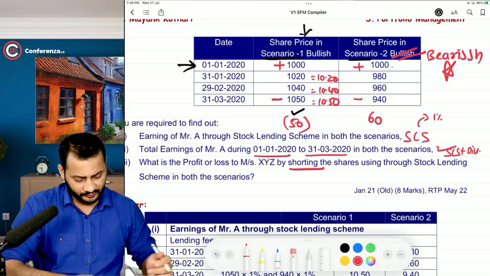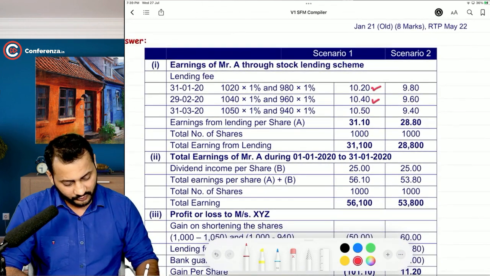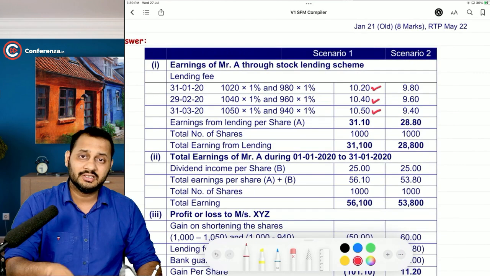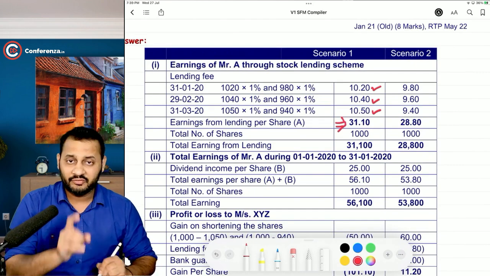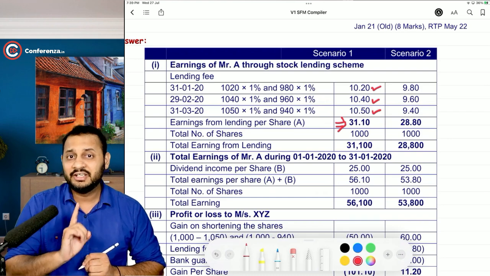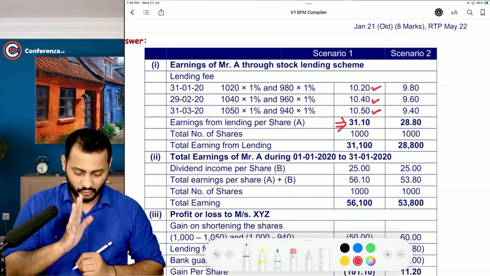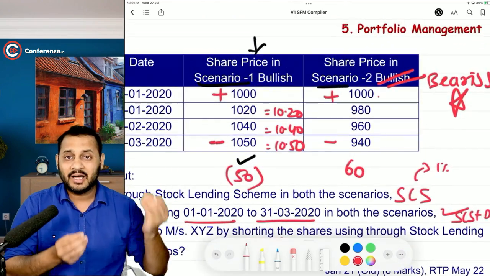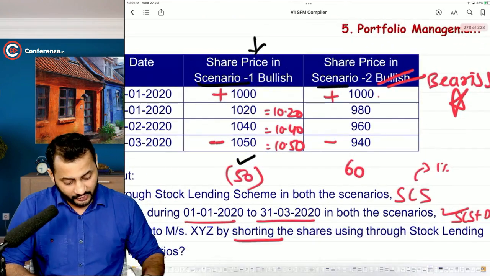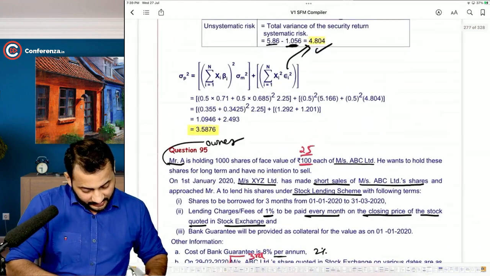Do you agree with this? See, 10.20, 40, 50. So in all the 3 months, Mr. A earned a total of 31.10 as lending charges in the first scenario. Okay. See, 1020 is the market price of one share, and you will understand Mr.